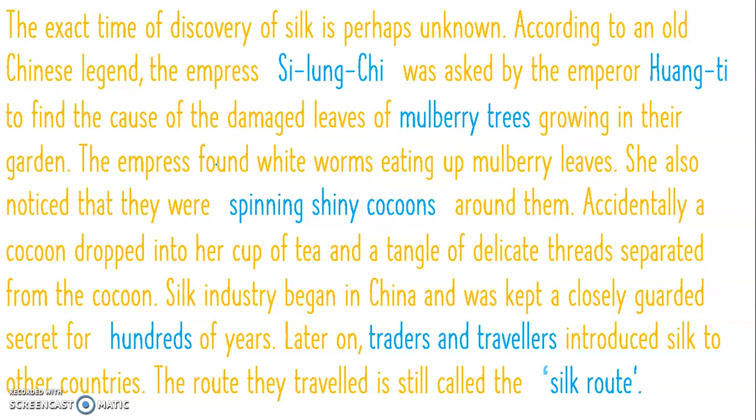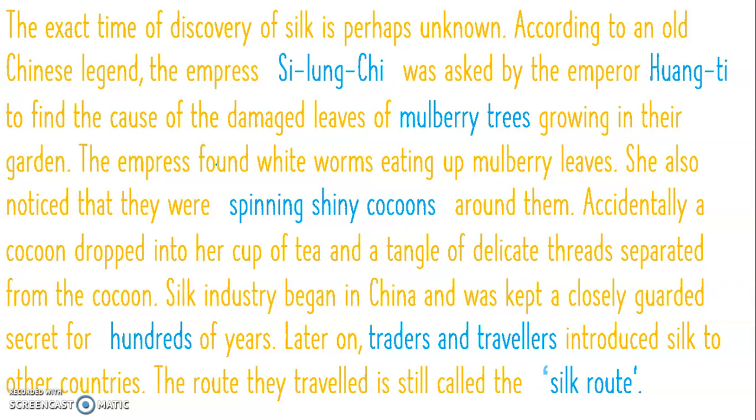What happened is the emperor saw that the mulberry leaves were damaged. Someone was eating those leaves. So the empress found small white worms eating up the mulberry leaves.